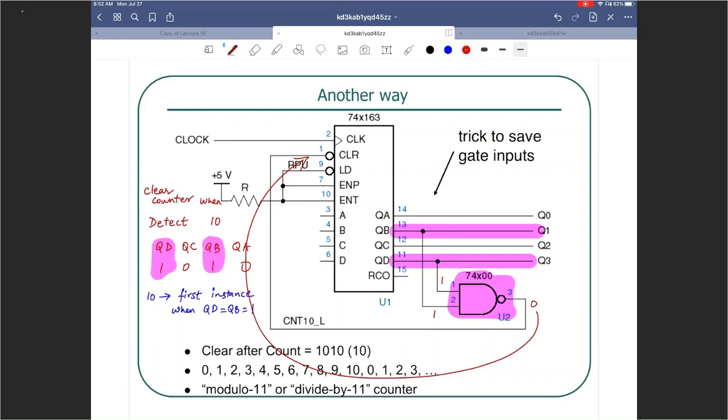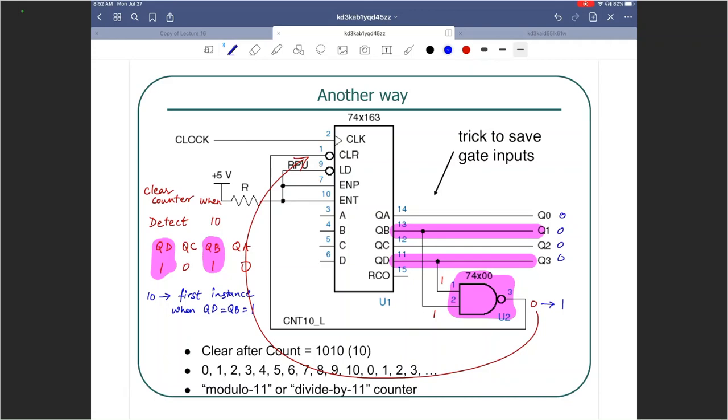So as soon as you clear the counter, the outputs will become 0 0 0 0, and when they become 0 0 0 0, this will become a 1 there. So it will never not clear now, right? So this is another way to get a modulo 11 counter, but in this case the new thing is you are starting at 0 and ending at an arbitrary value.